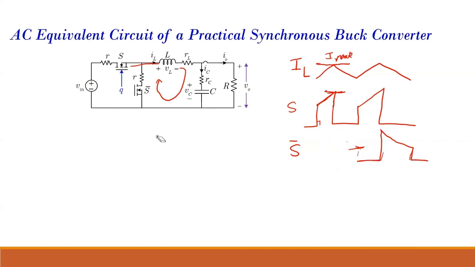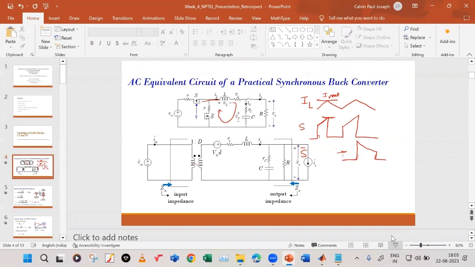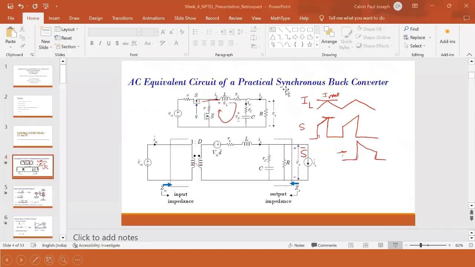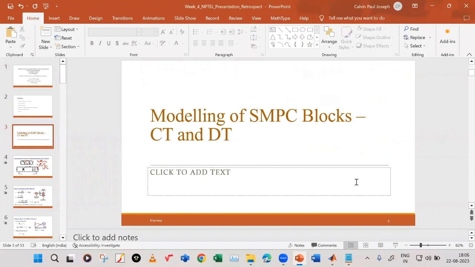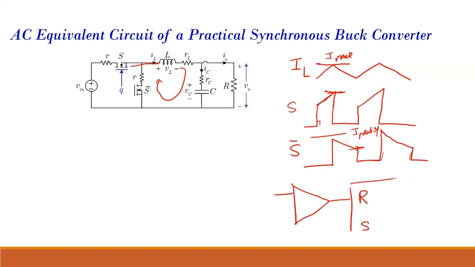This is my control set. This is the peak reference I have. In peak current mode control, what do we have? We have a latch that is connected to the reset switch, and we have a set switch.